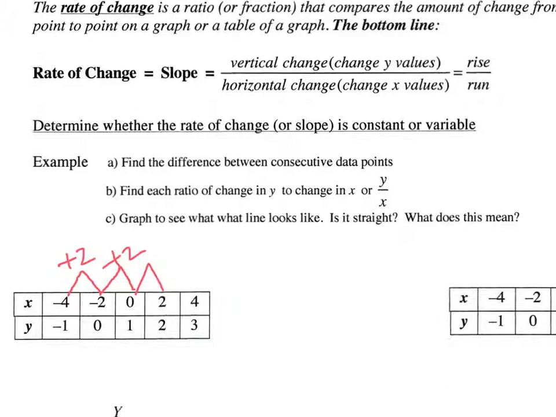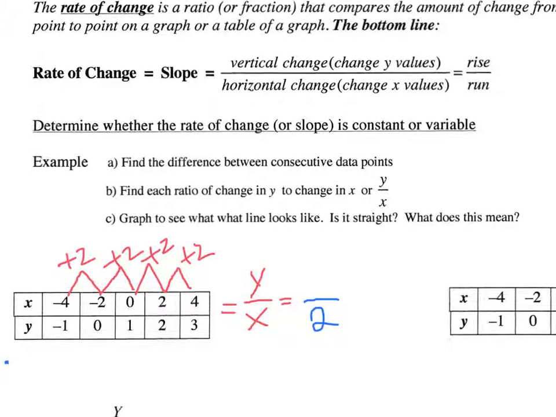And from 0 to 2, I see that I'm adding 2. And when I go from the point 2 to 4, I am also adding 2. What this table shows us is that the amount of change is a consistent amount of change, or a constant amount of change, of +2 from point to point on the x values.